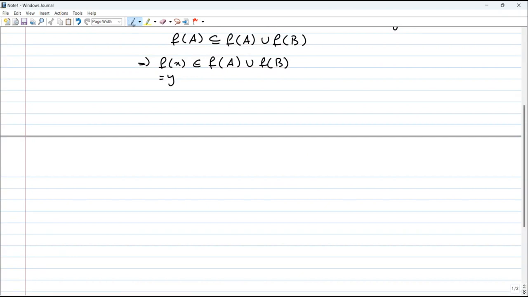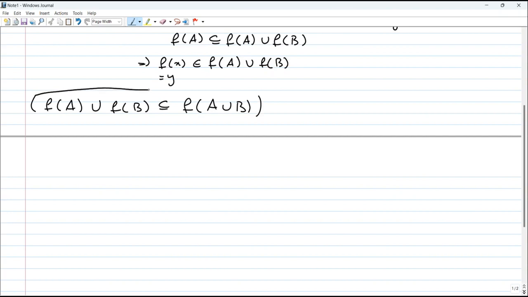Now we need to do the other direction. Now we need to show the following. f of A union f of B is a subset of f of A union B. So this is what we are trying to prove. Okay, how do we do this?